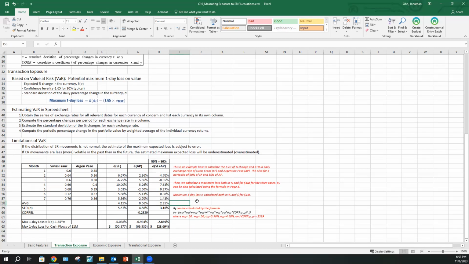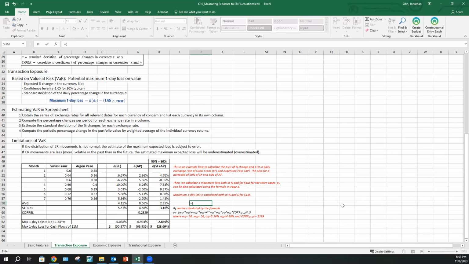Let's use this model to calculate the portfolio standard deviation. I'll just follow this.